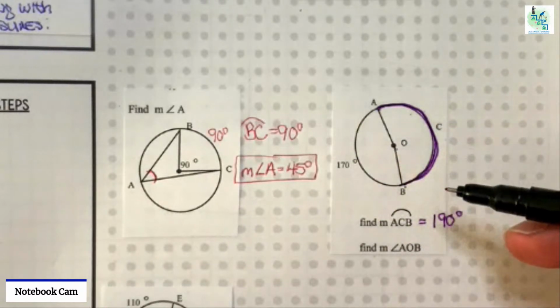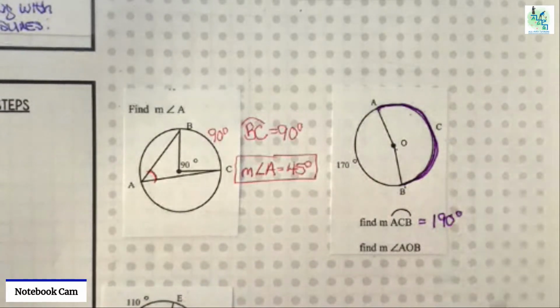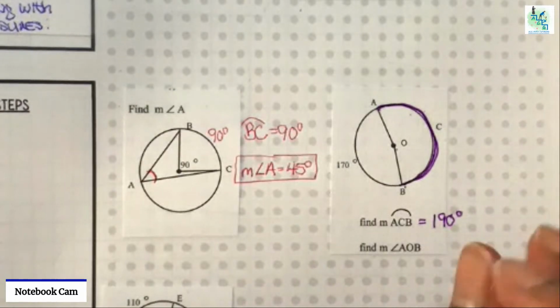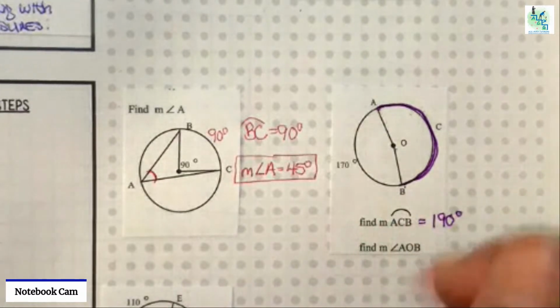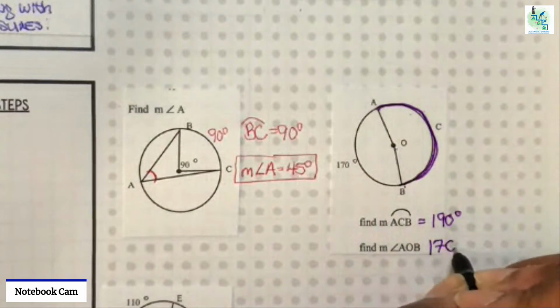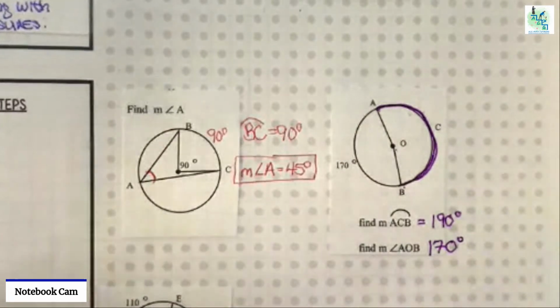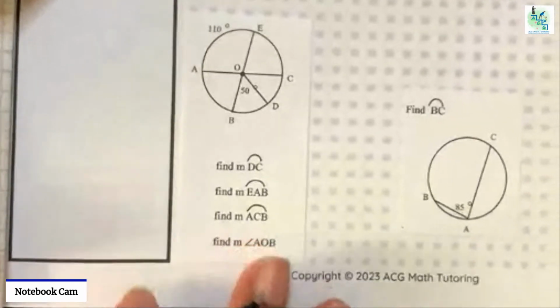Please do not get this mixed up with arc length. There are too many people that lose points on any kind of assessment because you keep forgetting that this is dealing with measures, not arc length. So that means the degrees is going to be 170 degrees. All right. Not too shabby.